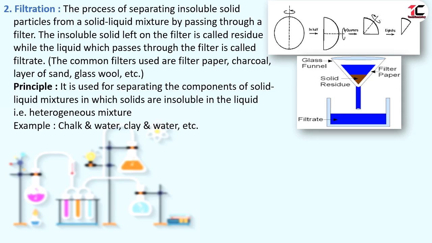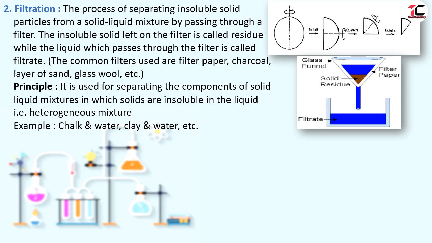I am showing you the filter paper and how we can fold it. The filter paper is round in shape. We fold it in half, again fold it in half, and now we get a conical shape. And this conical shaped filter paper we will use. Let us see the principle behind it.